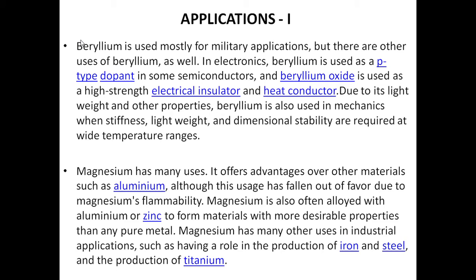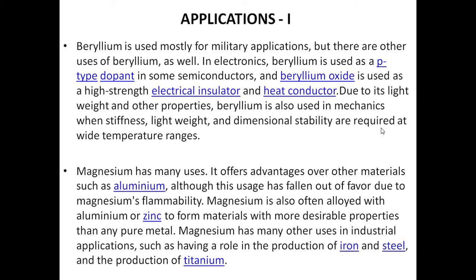In electronics, beryllium is used as a p-type dopant in some semiconductors, and beryllium oxide is used as a high-strength electrical insulator and heat conductor. Due to its lightweight and other properties, beryllium is also used in mechanics when stiffness, lightweight, and dimensional stability are required at wide temperature ranges.